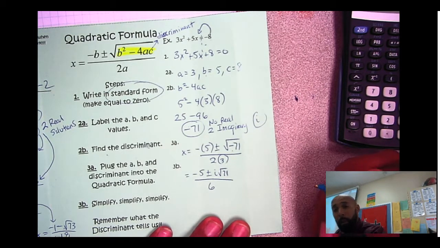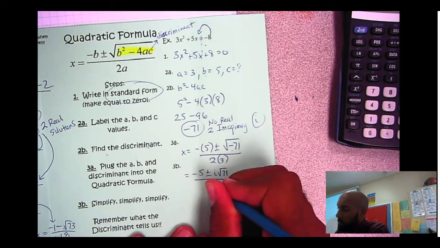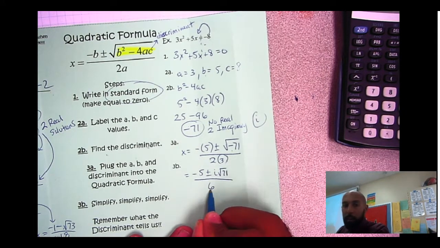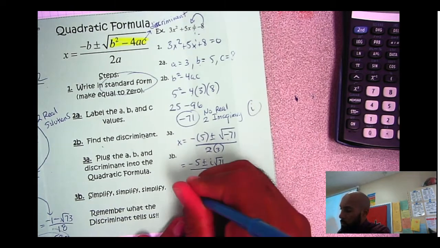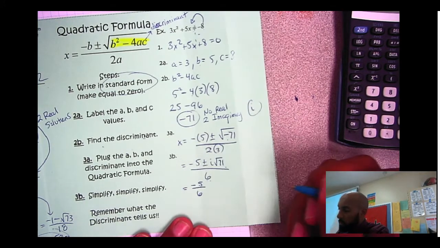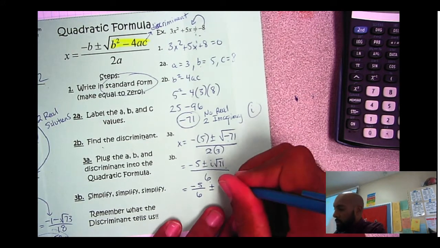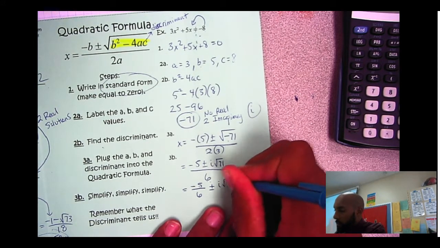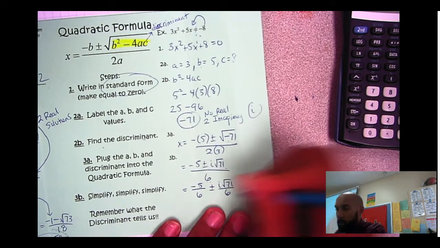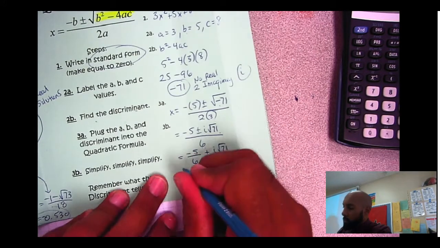Now if you remember, when we have complex numbers, we split this into 2. So I'm going to take the denominator and put it under the 5, and then put it under the square root. So I have negative 5 over 6, plus and minus i square root of 71 over 6. Okay, so now one more step.